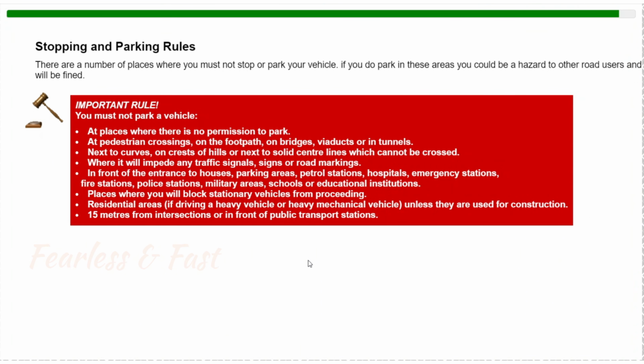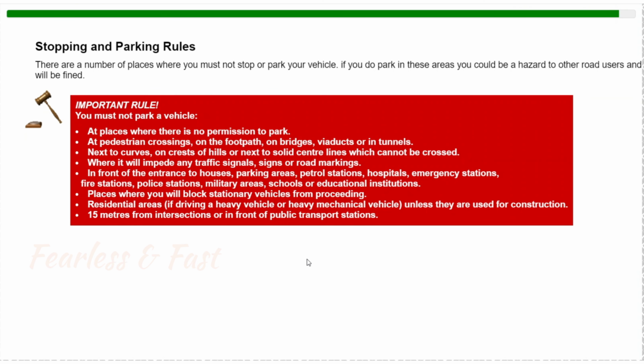At pedestrian crossings, on the footpath, on bridges, viaducts or in tunnels. Next to curves, on crests of hills or next to solid center lines which cannot be crossed. Where it will impede any traffic signals, signs or road markings.